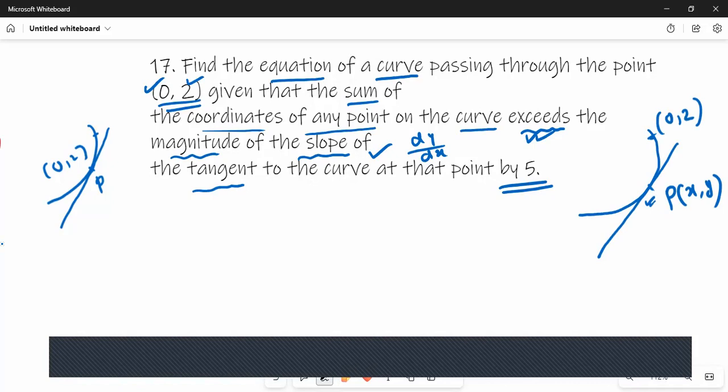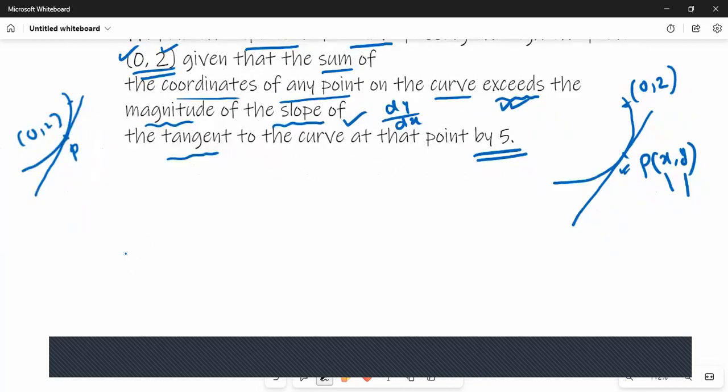And then they are also giving the condition that the sum of these two coordinates is greater than the slope by 5. So if I take the sum of these two coordinates, say P is the point, then x plus y must definitely be greater than dy dx, correct?